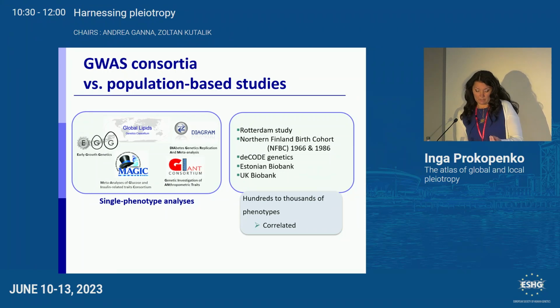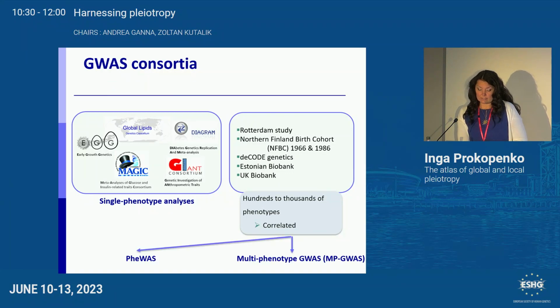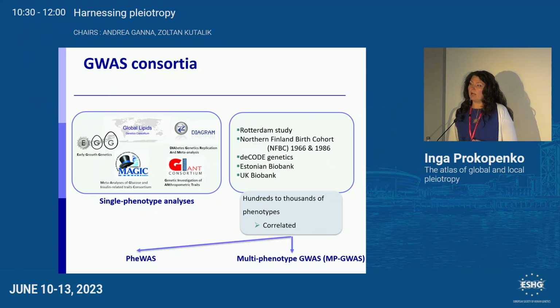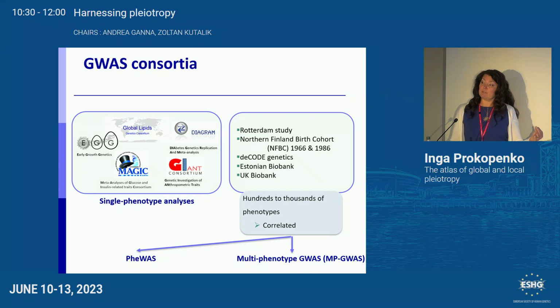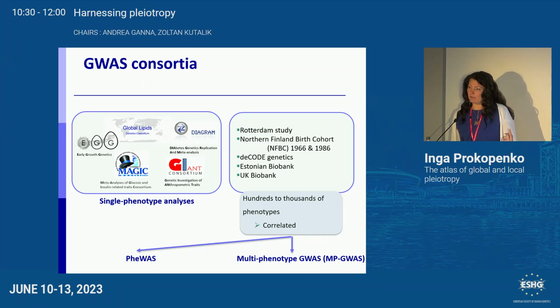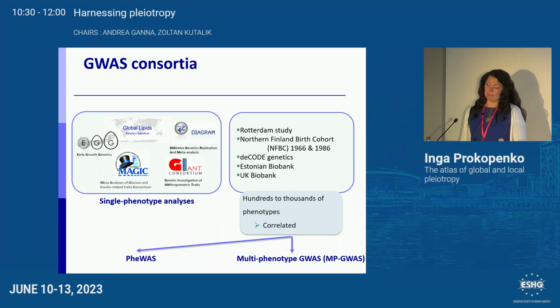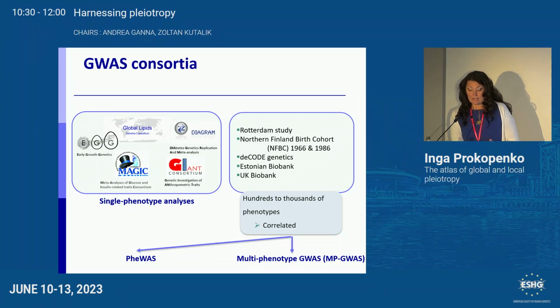And we already said, correlated phenotypes. So as we mentioned, we can run the PheWAS approach, which looks at an individual variant across the whole range of phenotypes. You can see that in the LocusZoom online tool, where UK Biobank data is provided also for every single variant they can find in the data. But we can also do multi-phenotype GWAS.